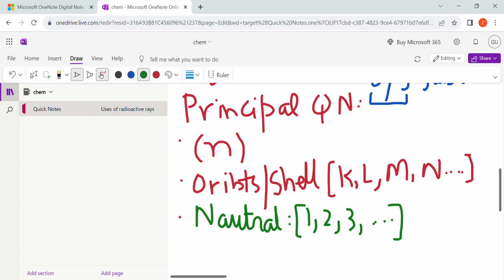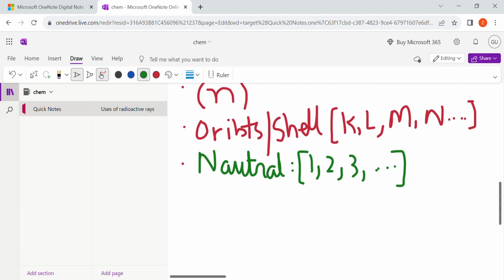For example, if we have n is equal to 1, that refers to K. K means the first shell of atom, और first shell of atom को हम K कहते हैं, and that has the value of 1.